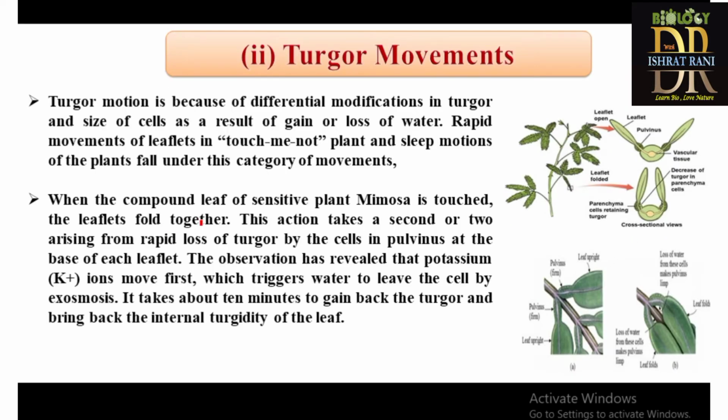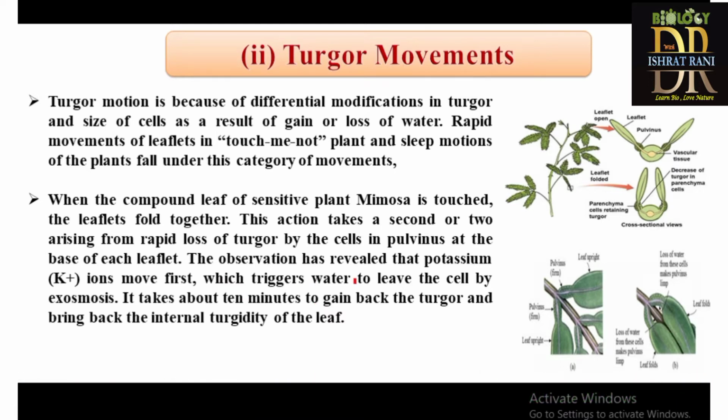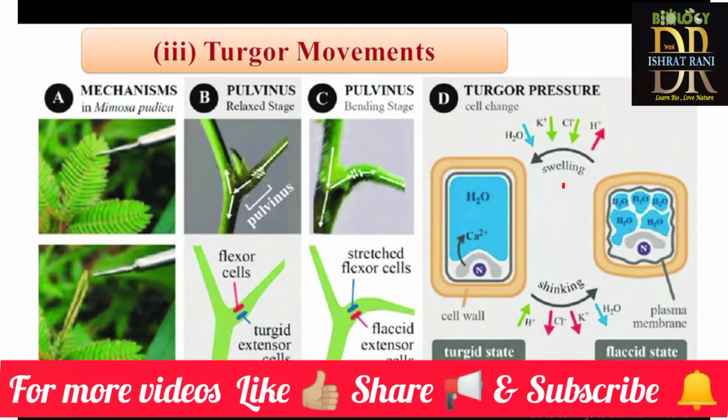Just like when Mimosa pudica, or touch-me-not, is touched, then the potassium ions will move faster and they will lose water due to exosmosis, and then the leaf will shrink. Here is another slide which can show you the mechanism of turgor movement.